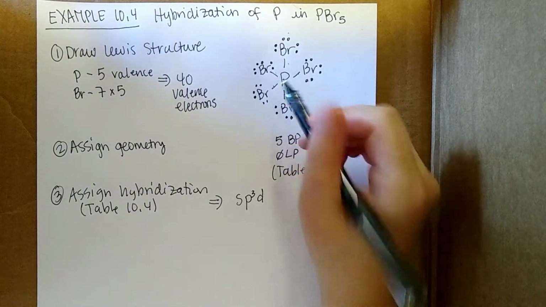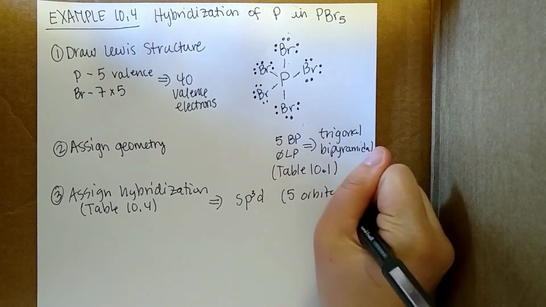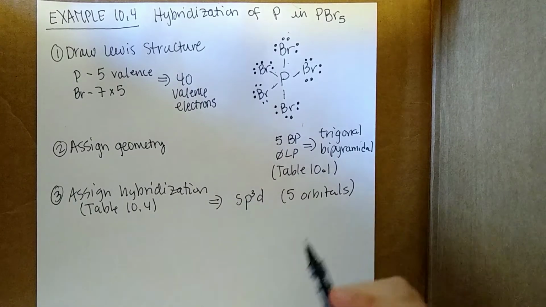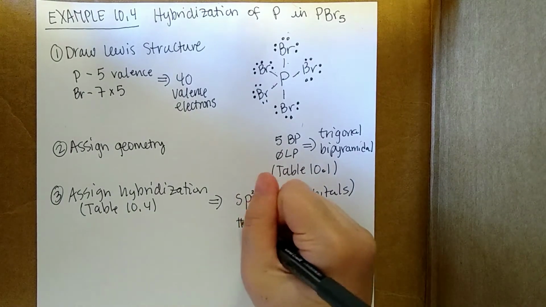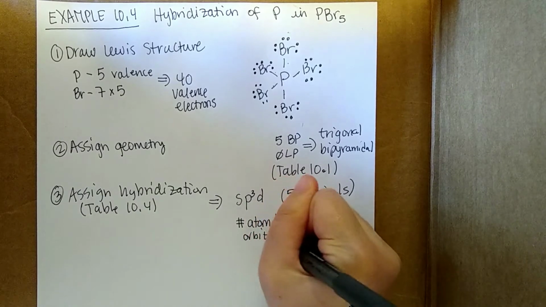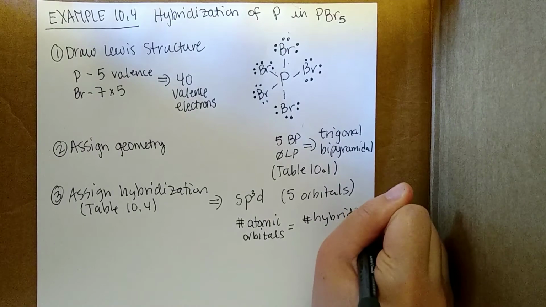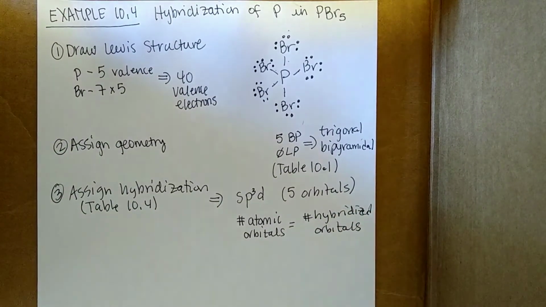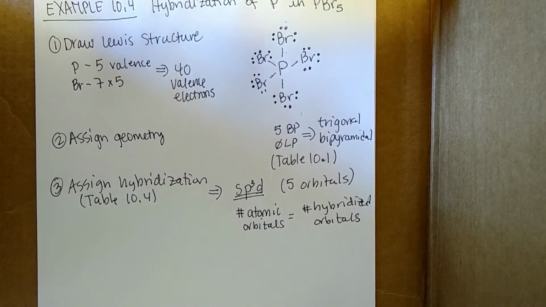There are 5 of them, made up of 5 atomic orbitals. Remember the rule that the number of atomic orbitals always equals the number of hybridized orbitals. So that's how we assign the hybridization and the geometry.